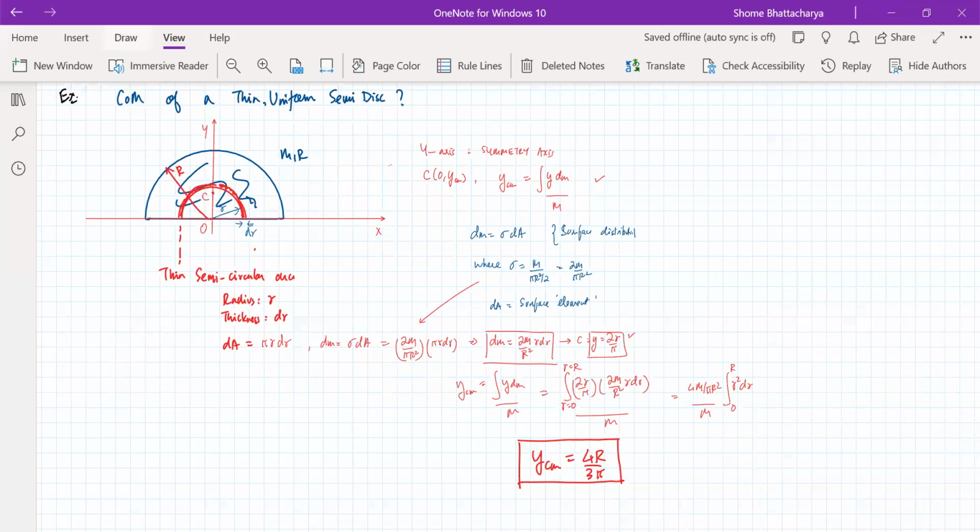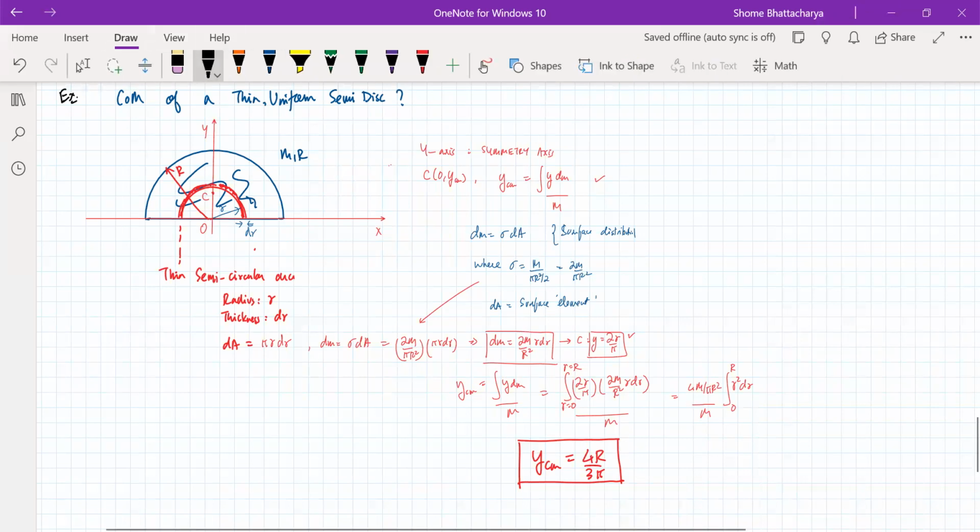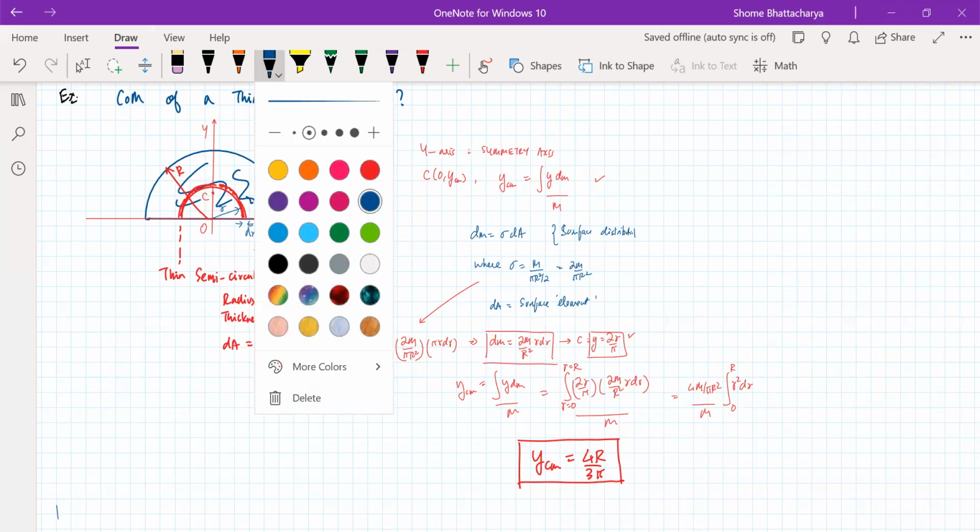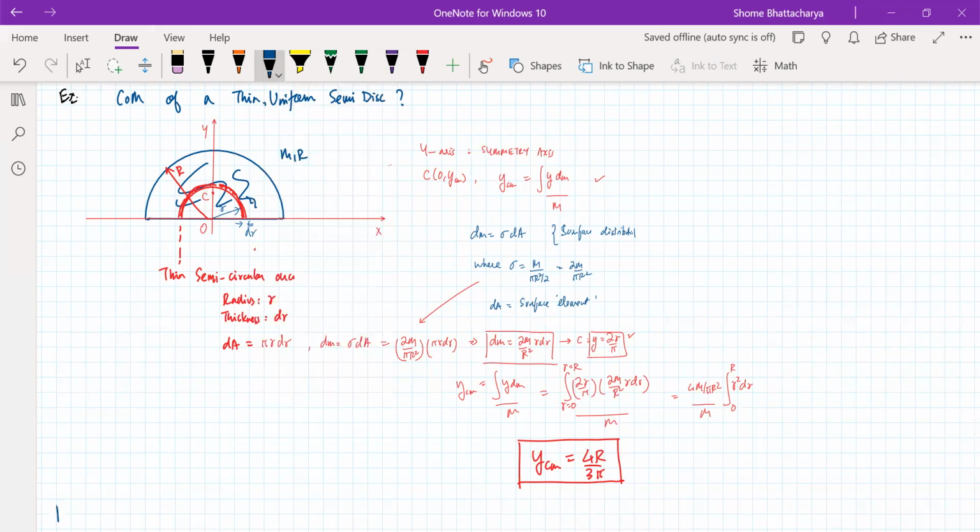The next example we are going to do will be a 3-dimensional example. After you finish writing this down, it will be our first volume distribution. And we will take the case of a solid uniform cone.